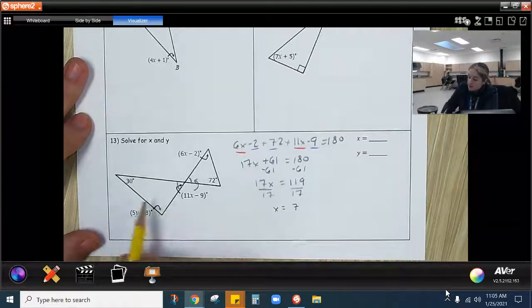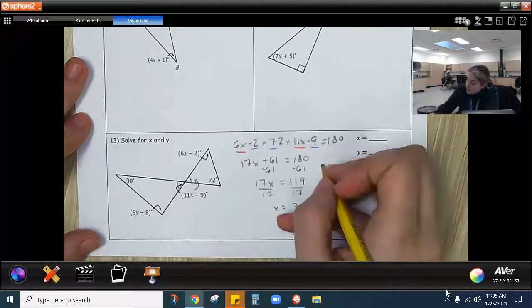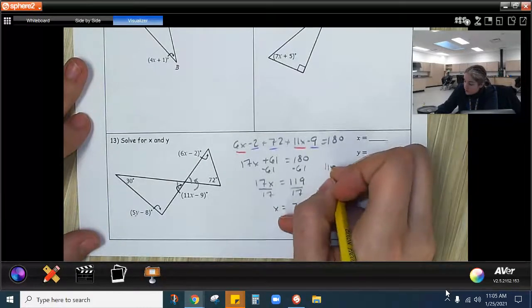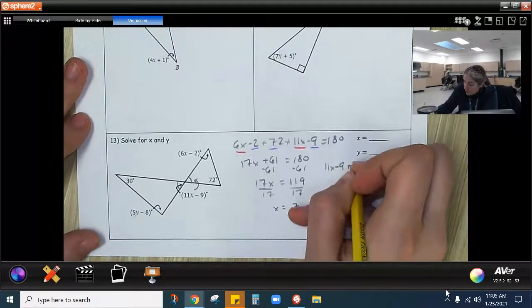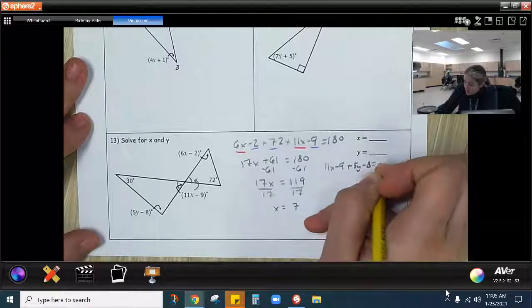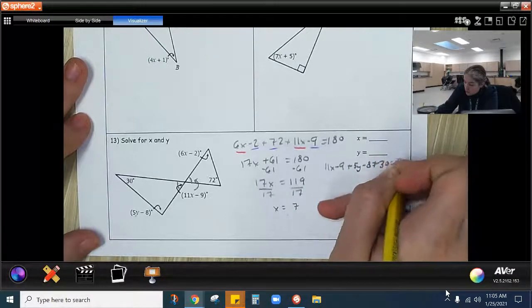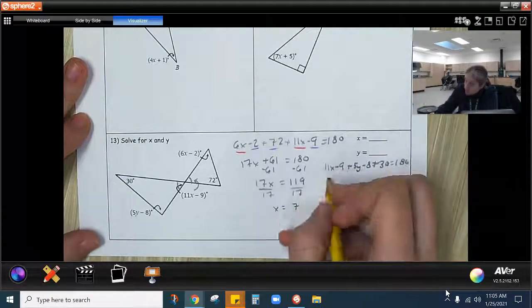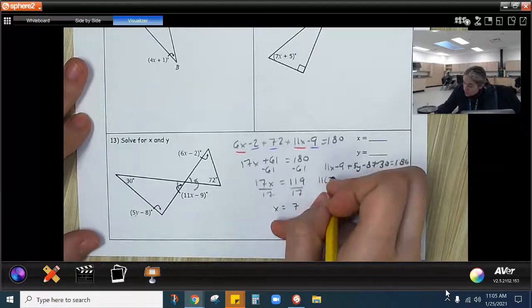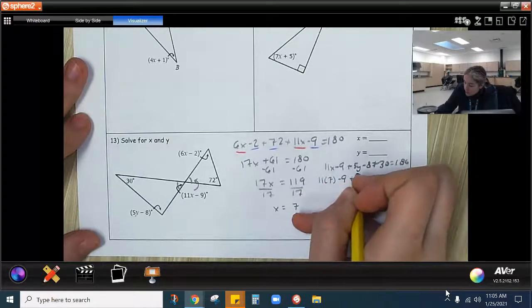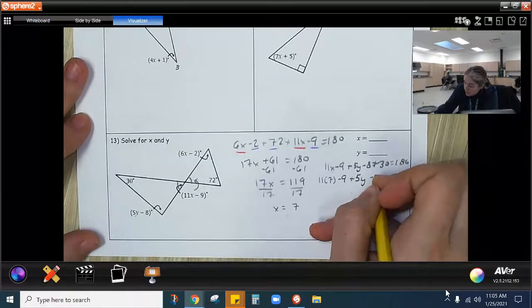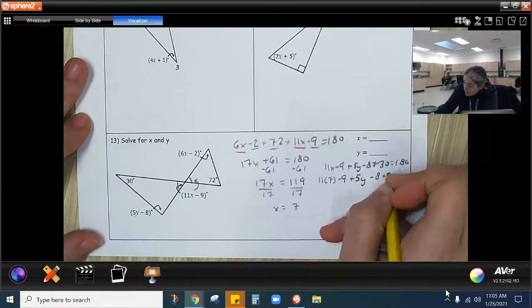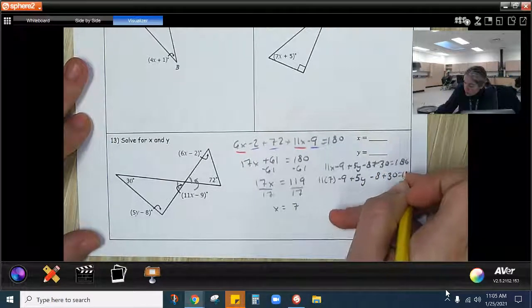Now that I know what x is, I can solve for my y over here. So this is another triangle sum theorem. So 11x minus 9 plus 5y minus 8 plus 30 is equal to 180. But x is really 7. So this is really 11 times 7 minus 9 plus 5y minus 8 plus 30 is equal to 180.